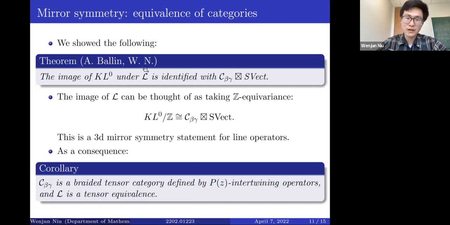And this functor L gives an equivalence of not just categories, but tensor categories. So that's the main point of our work, and we understand this as saying that both are braided tensor categories because they're both line operators in the topological twist, and they are equivalent.